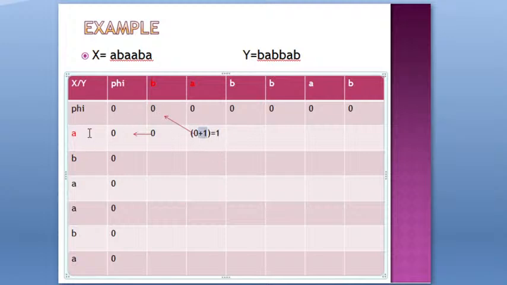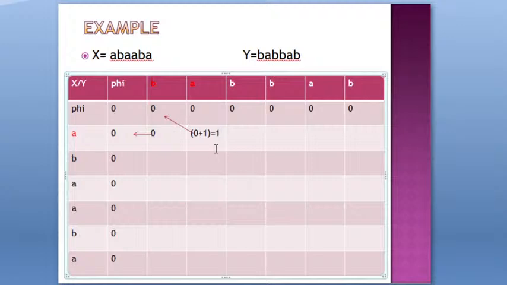So if the characters matched, I have only one option, that is to take the diagonal element of that particular cell and do +1. So 0 is this diagonal element, and +1 is nothing but 1. If characters matched, I took the diagonal element of that particular cell and performed +1.